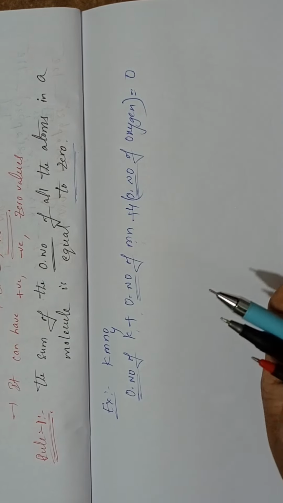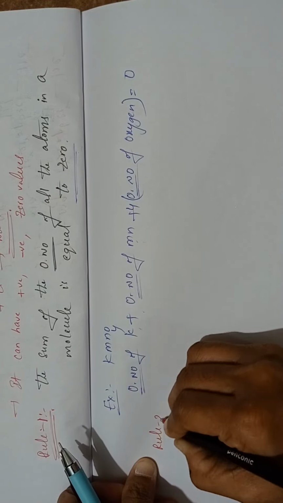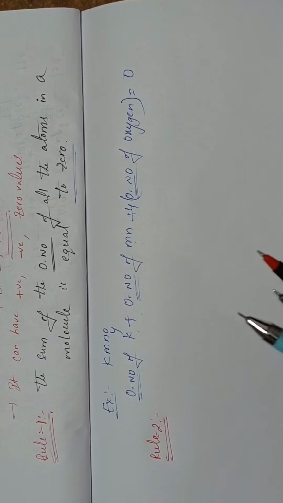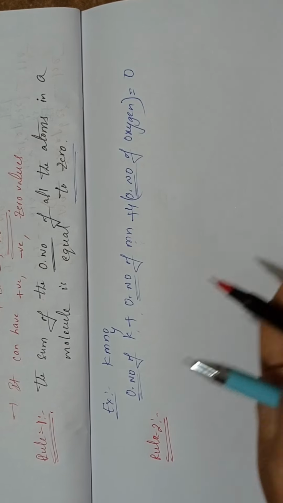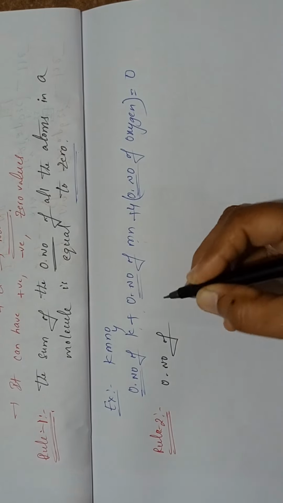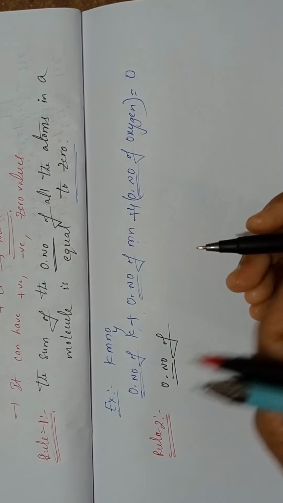Now we are going to discuss rule 2. What is rule 2? Rule 2: the oxidation number of an atom in its elementary form is always 0, students. O number means oxidation number, students; it's a shortcut I am writing.